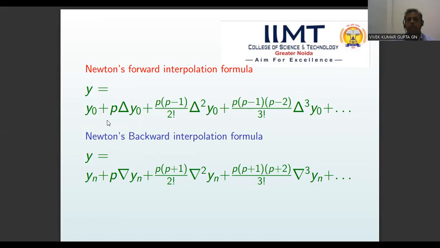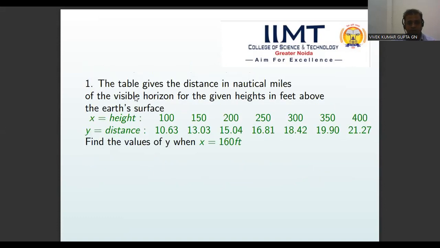So how does the interpolation formula work? We are going to understand it by using an example. Here is a table of distances in nautical miles of the visible horizon from given heights in feet above the surface. The height and distance are given for 100, 150, and so on. We have to find the value of y when x is equal to 160.